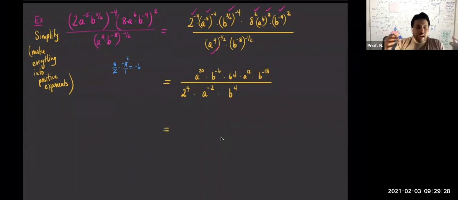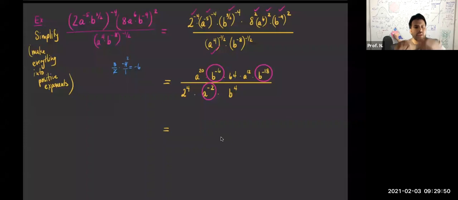So for example, here I can apply several laws if I'd like. I can say, you know what? I don't want to deal with anything unless they're all positive exponents. Well, if that's the case, then let's take care of that. So where are the expressions that have negative exponents? Well, this is one, and this is one. So these are all negative exponents. How do you make them positive?